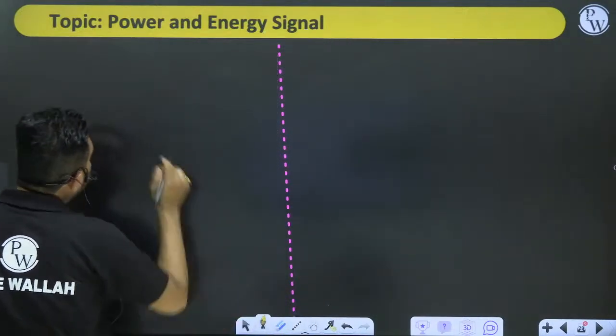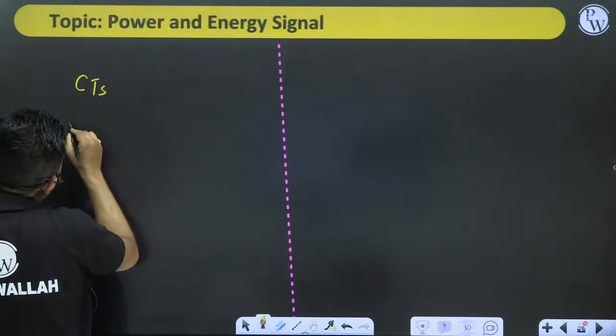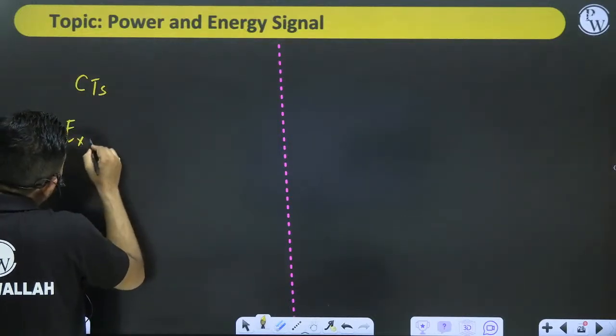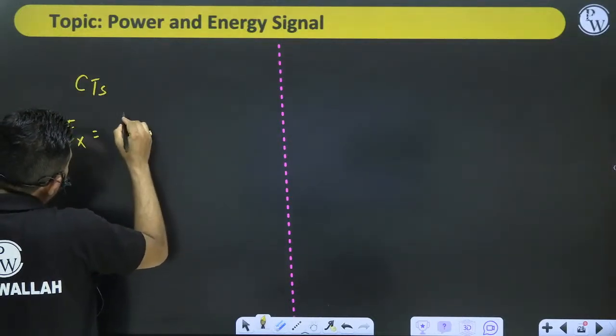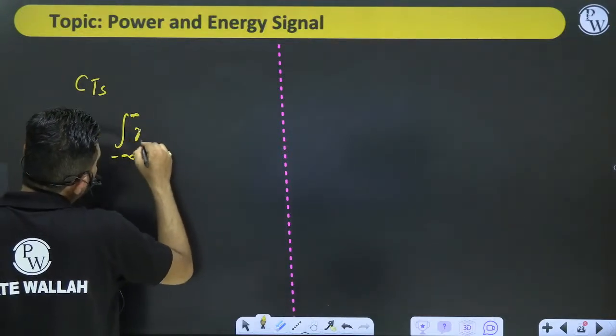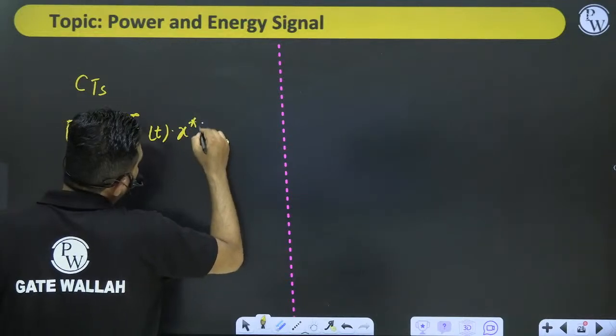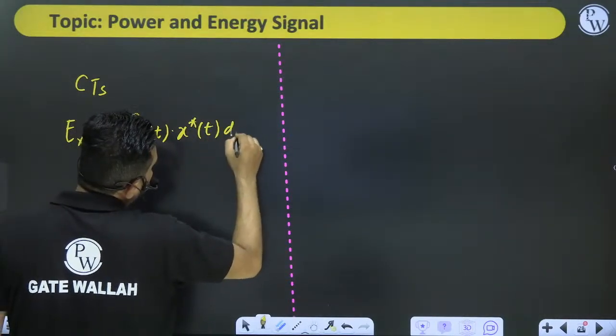And for CTS we have derived this one. Okay, so for CTS we say that the energy Ex was the integral from minus infinity to infinity of x(t) into x conjugate of t dt.